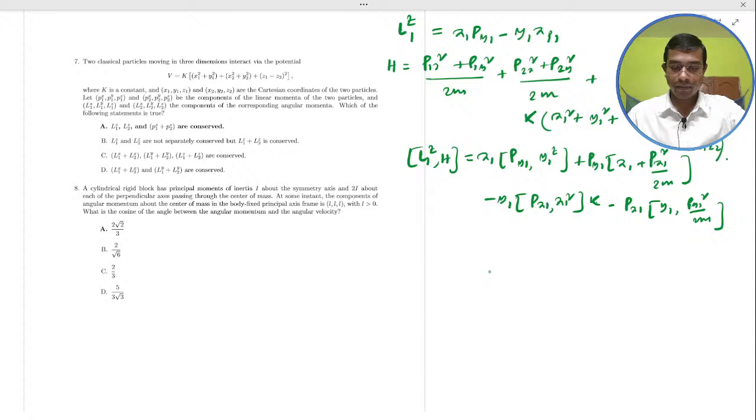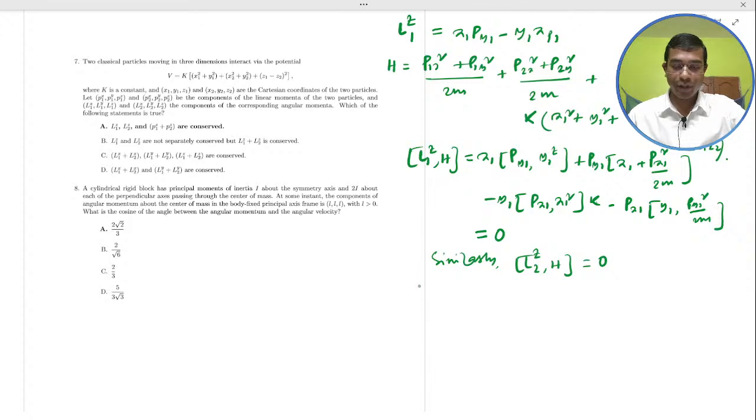So solve, this would become 0. Similarly, you will get for the L2z with the Hamiltonian, this would also commute, means 0.